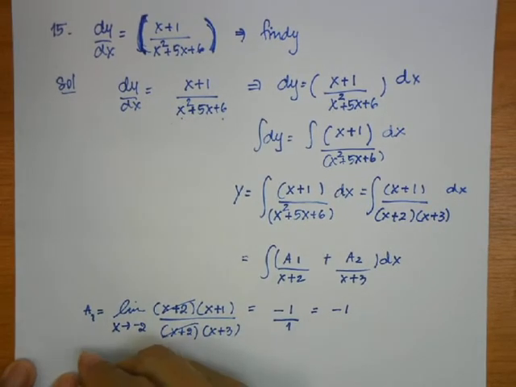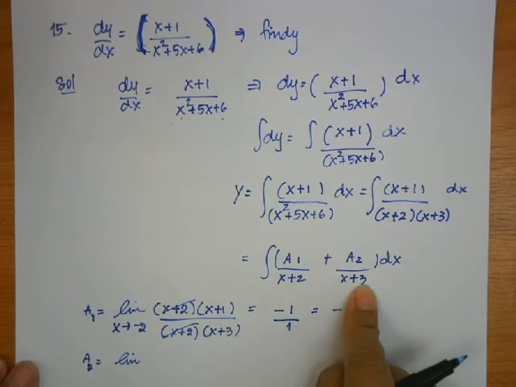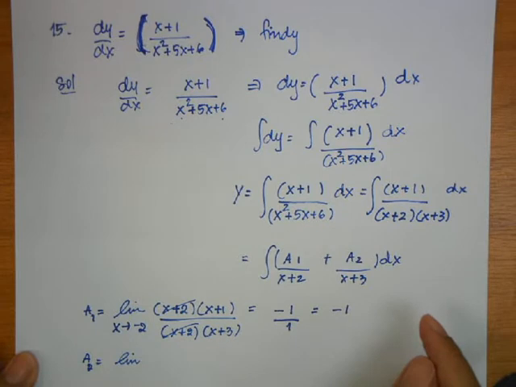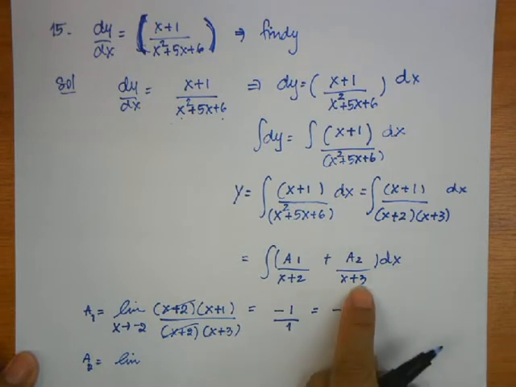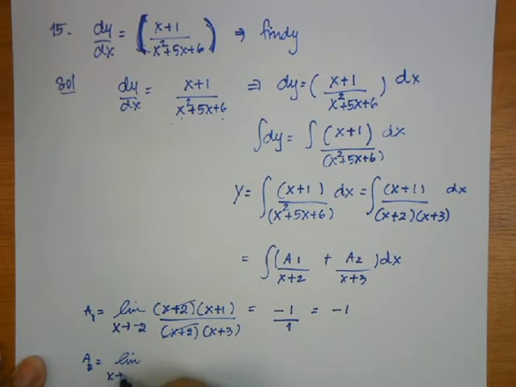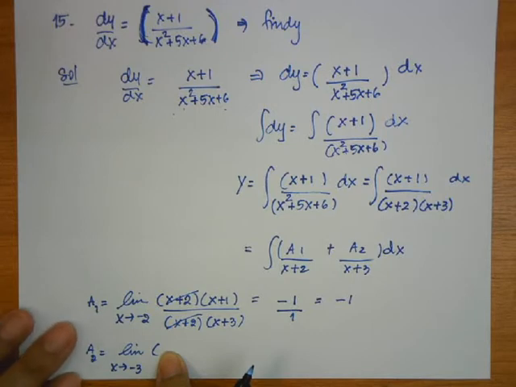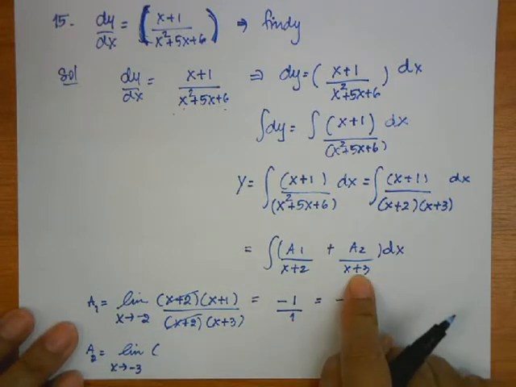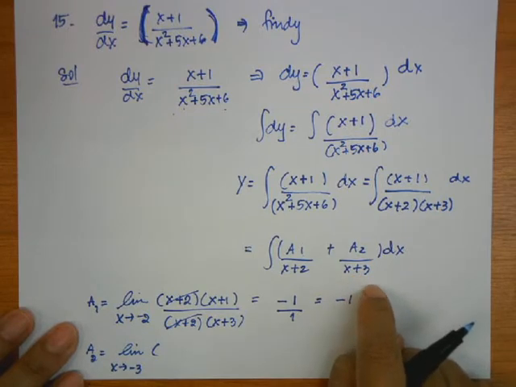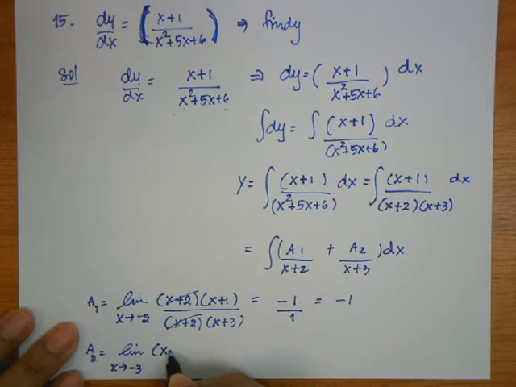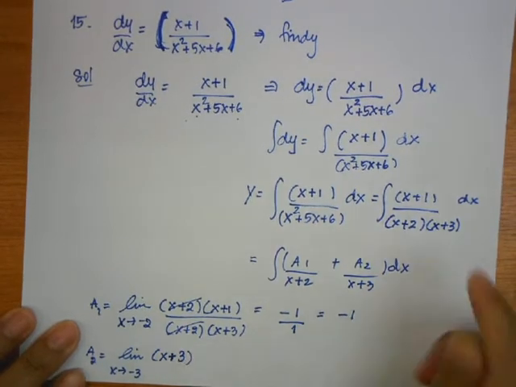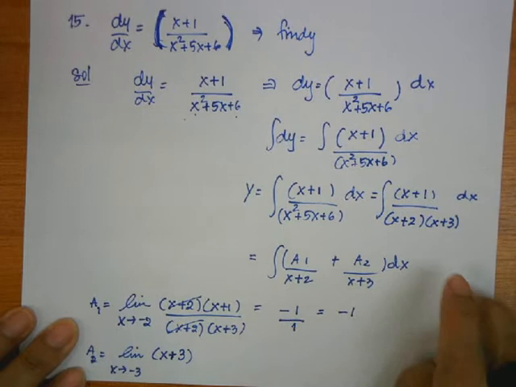Now what is the value of A2? To find A2, you said limit x goes to minus 3, right? And up here, it has to be x plus 3 times p, which is your function.